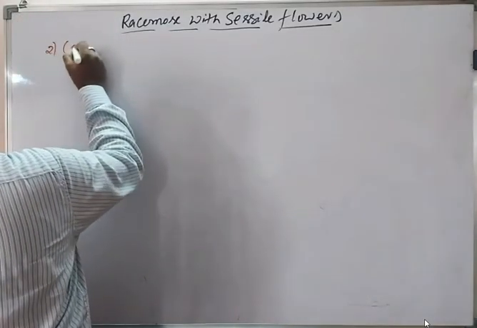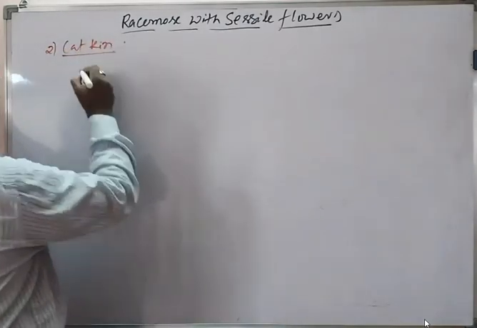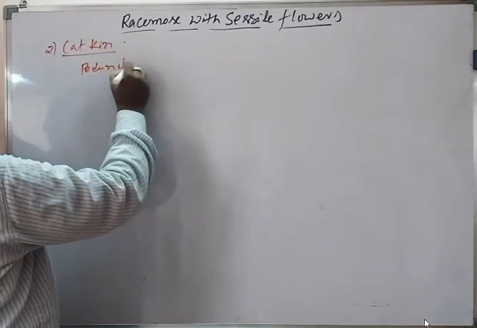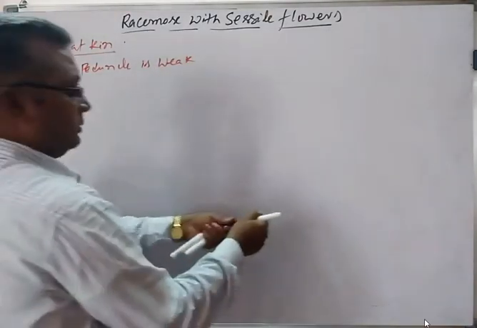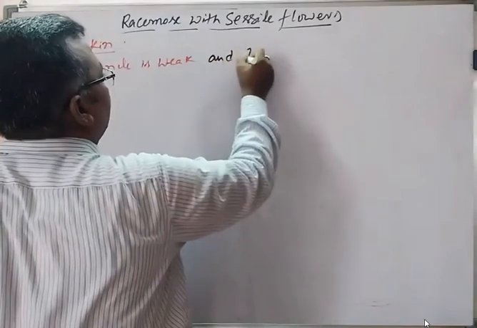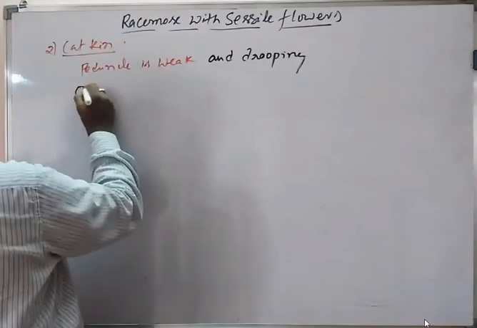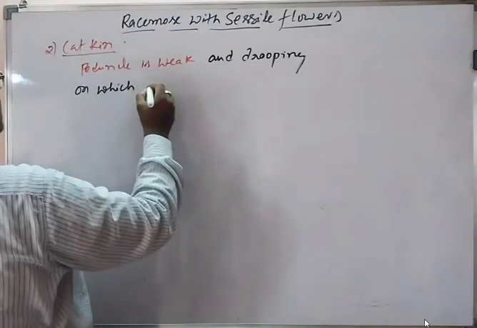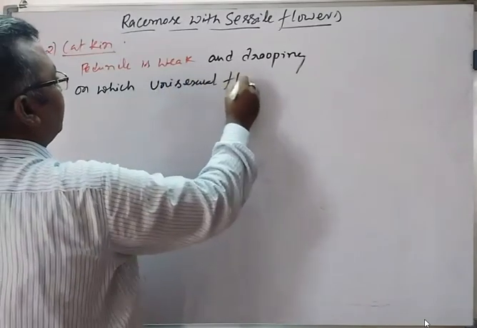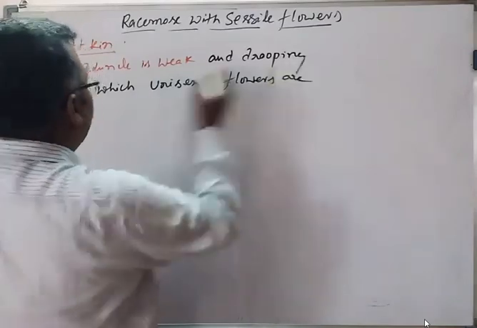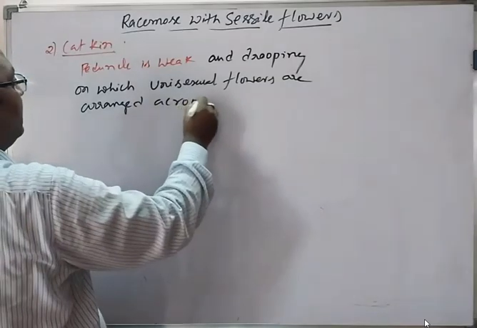The second type is catkin. In catkin, the peduncle is weak and drooping, on which unisexual flowers, not bisexual, are arranged acropetally.